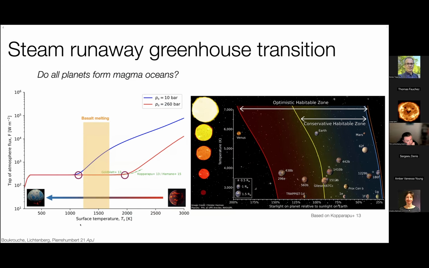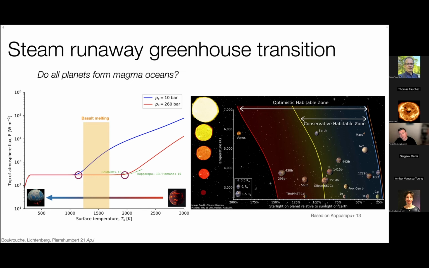This is top of atmosphere flux versus surface temperature, and this is the thermal limit for a pure steam atmosphere, 260 bar. Based on Ravi's 2013 paper, this is often used to define the inner edge of the habitable zone.